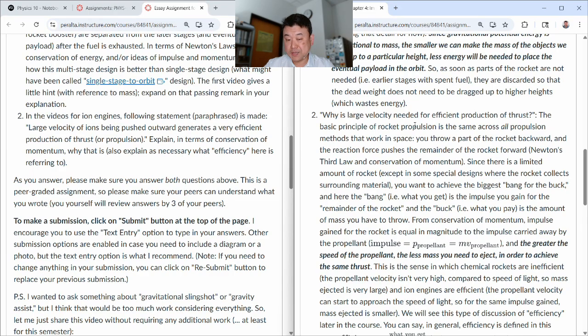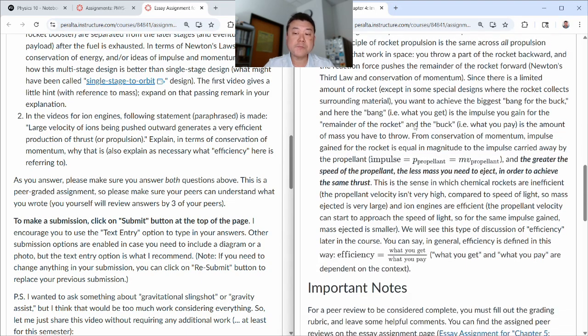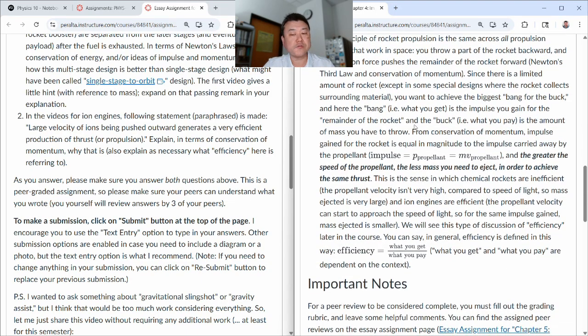Since there is a limited amount of rocket, except in some special designs where the rocket collects surrounding material, like in science fiction, you want to achieve the biggest bang for the buck. And here the bang, that is what you get, is the impulse you gain for the remainder of the rocket. And the buck, that is what you pay, is the amount of mass you have to throw, the reaction mass.